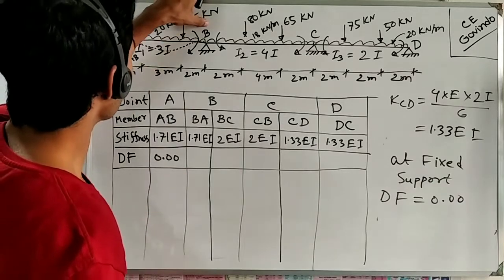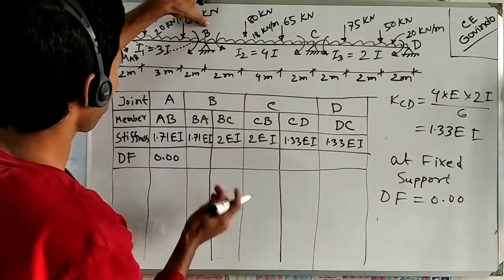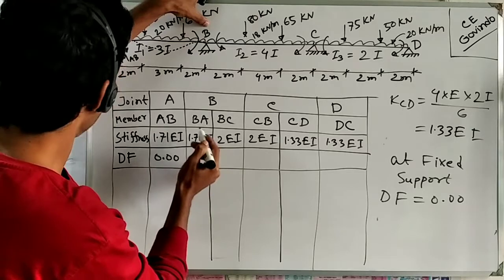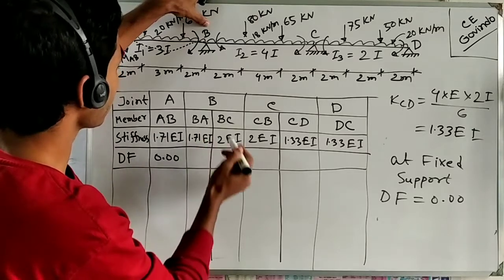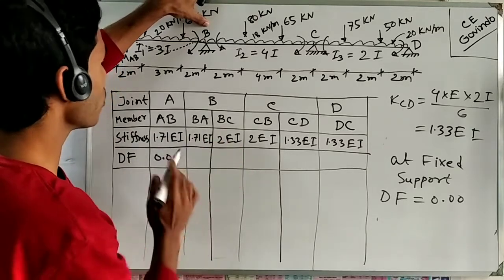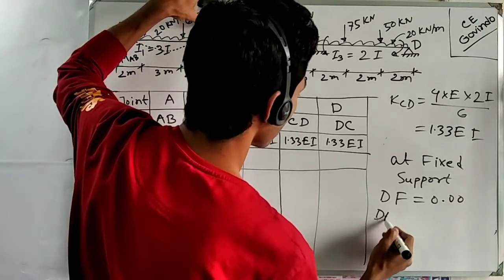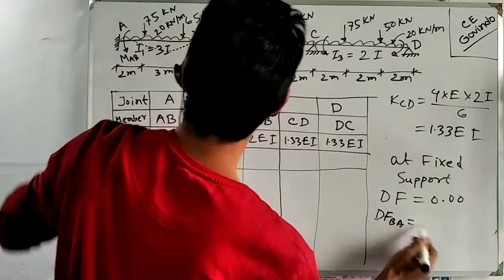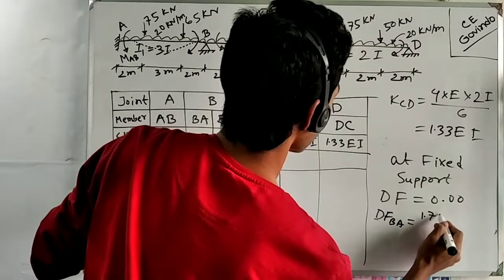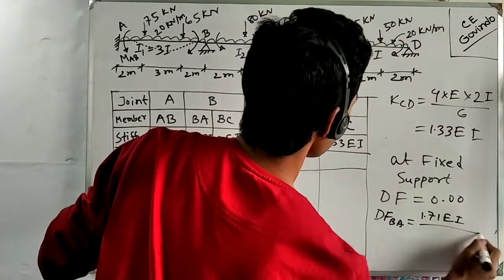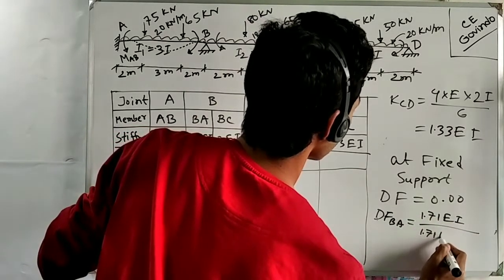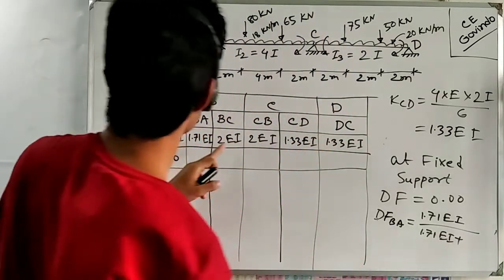And at joint B we have 2 members, BA and BC. One member has stiffness 1.71 EI and the other member has 2 EI. Then the distribution factor for BA will be 1.71 EI divided by 1.71 EI plus 2 EI.